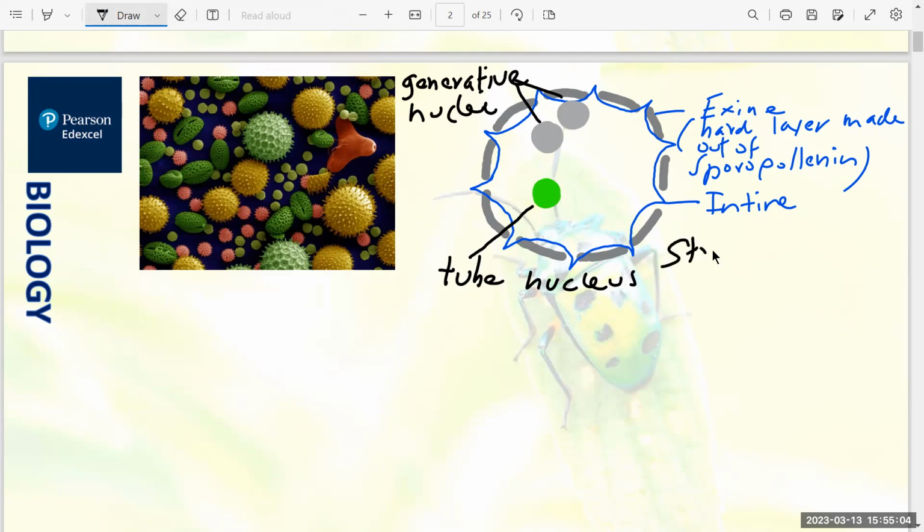So this is the structure of a pollen grain. Can you also draw this one next to these parts of the flower? Okay, sir. Structure of pollen grain.